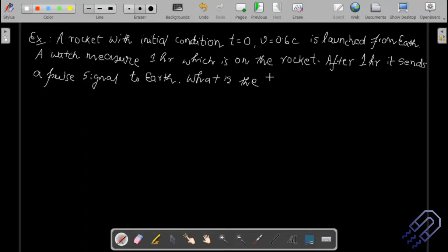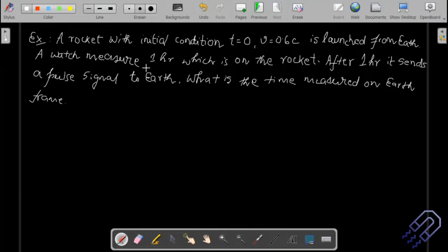What is the time measured on Earth frame? If a rocket has gone into space, and in that rocket the time is 1 hour, then from Earth, if I measure, the time will be longer, because that's called time dilation.